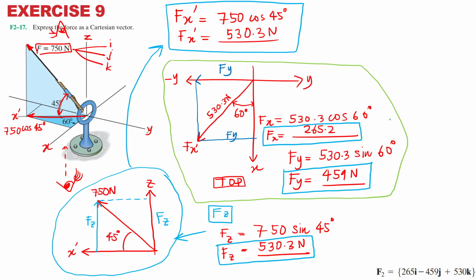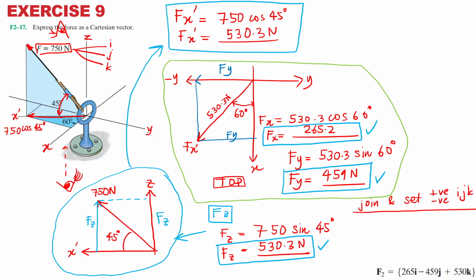So you have successfully broken down all the forces into three components: Fx, Fy, Fz. So now you have to join them together. Join and set positive or negative and also i, j, k correctly. So this is what we're doing right now.